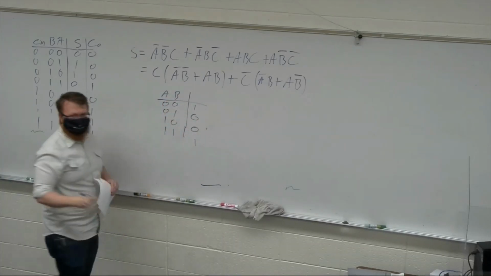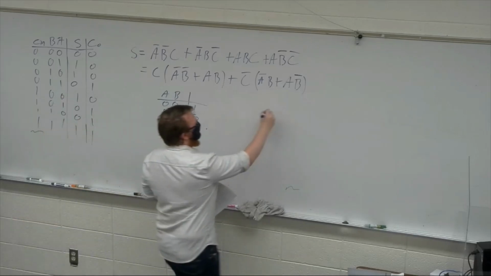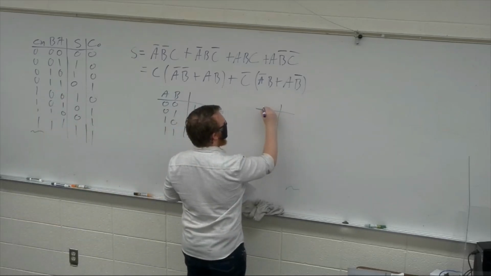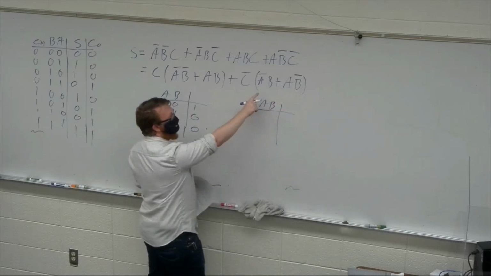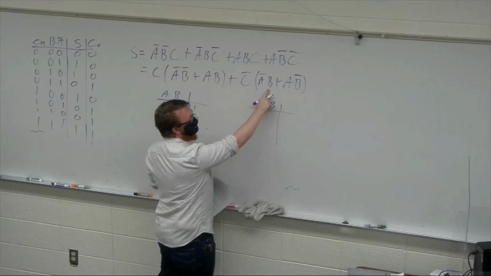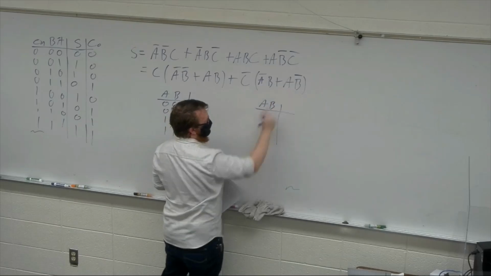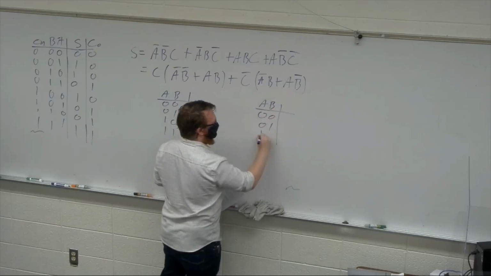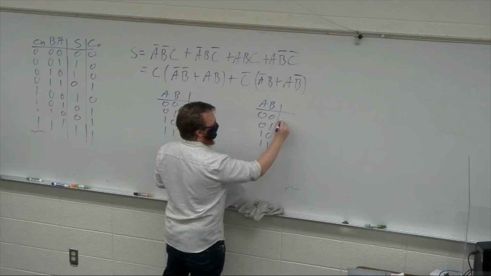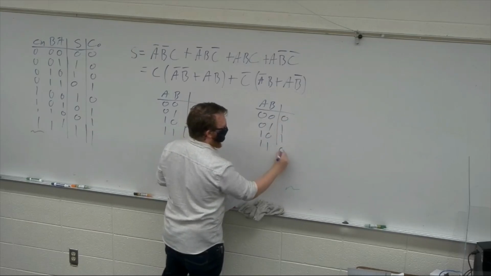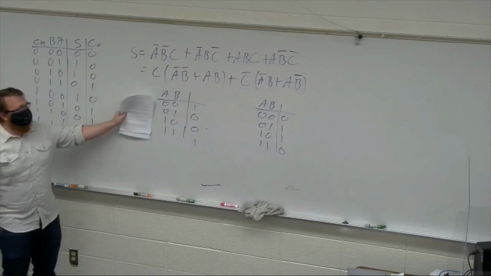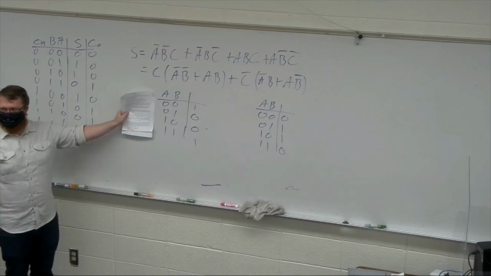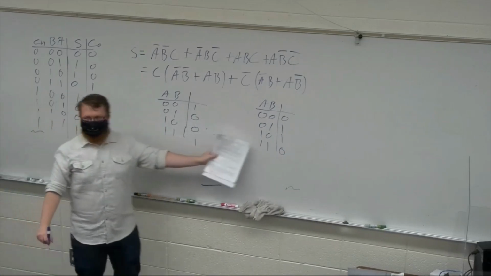Otherwise, it's 0. Similarly, over here, if I have not A and B, or A and not B, right? So in the first case, I have an XNOR. And in the second case, I have an XOR.